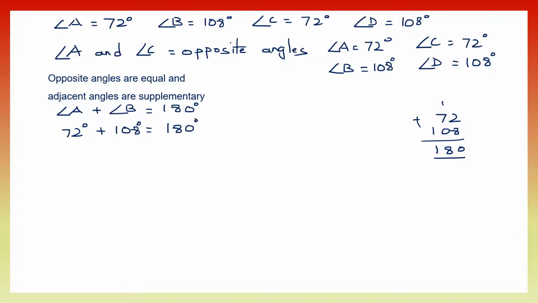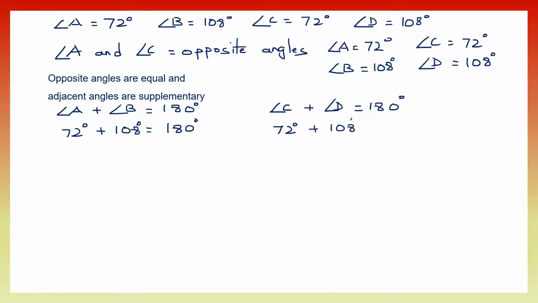Now let's see the other pair of adjacent angles. Angle C and angle D are the next pair of adjacent angles. So together they both should add up to 180 degrees. So angle C is 72 degrees and angle D is 108 degrees, just like angles A and B. So together they add up to 180 degrees.